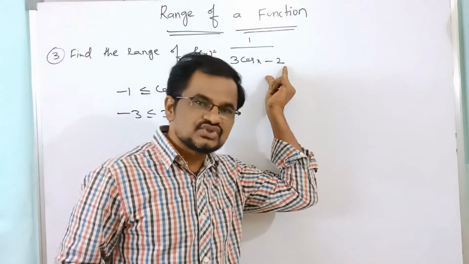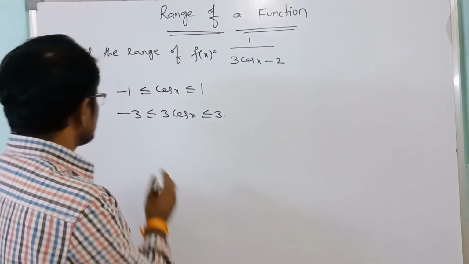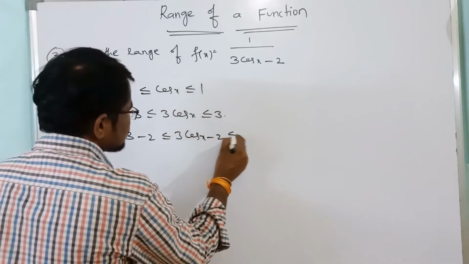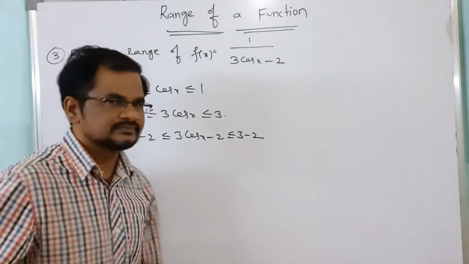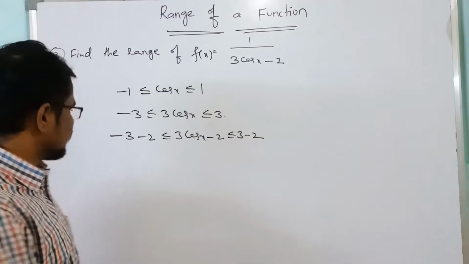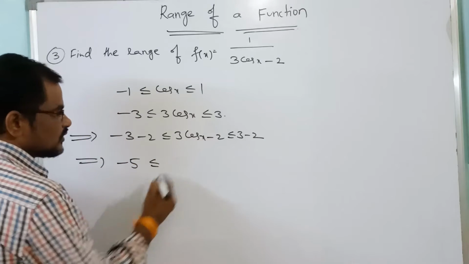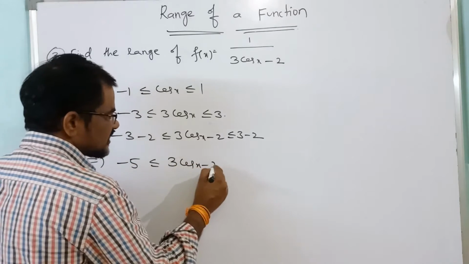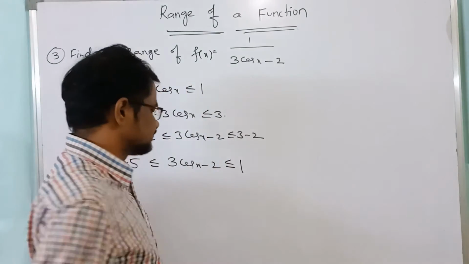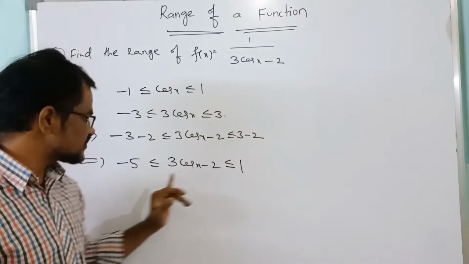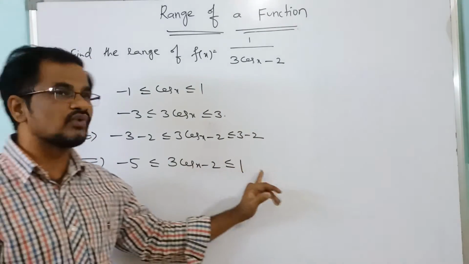Again here minus 2 is there. So minus 3 minus 2 less than or equal to 3 cos x minus 2 less than or equal to 3 minus 2. That implies minus 5 less than or equal to 3 cos x minus 2 less than or equal to 1. So 3 cos x minus 2 belongs to the closed interval minus 5 to 1.